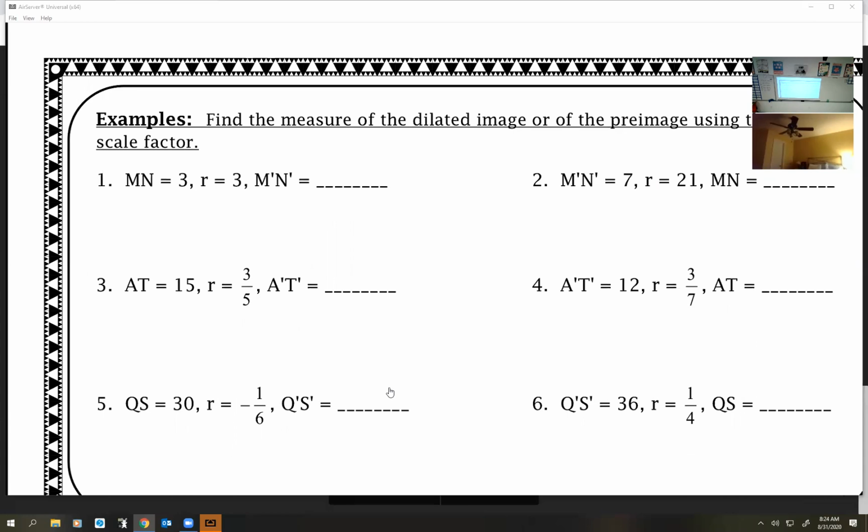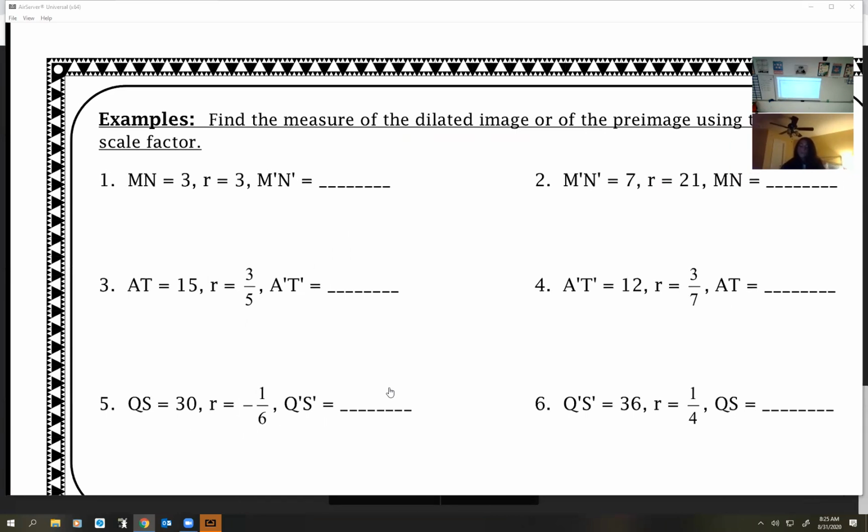So number one tells me MN equals 3, R equals 3. So what is M prime, N prime? So what's our scale factor here? Right, so we're going absolute value of 3. So M prime, N prime equals the absolute value of our scale factor multiplied by what? 3.